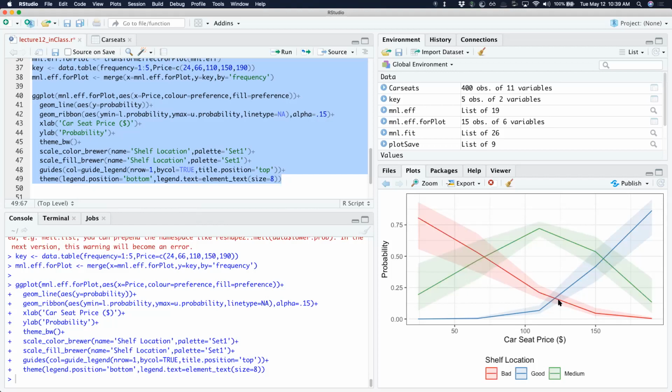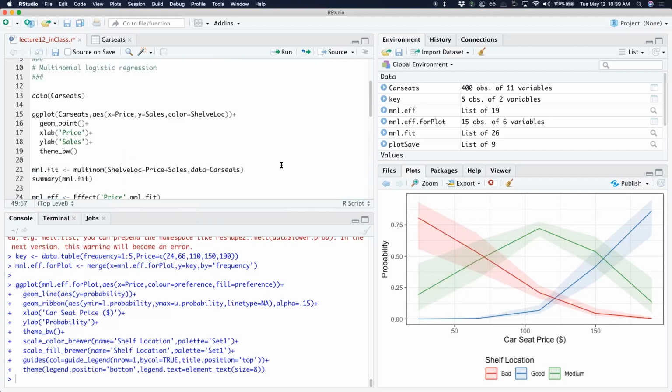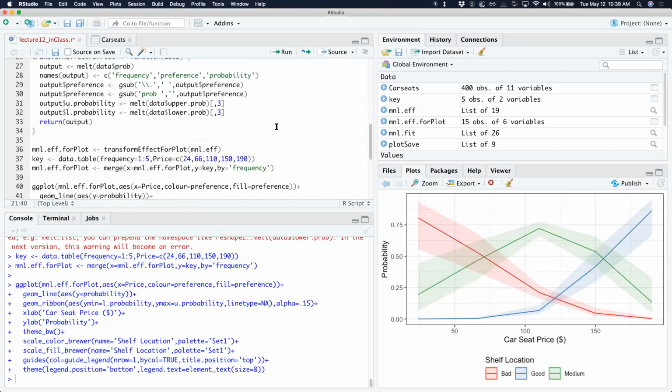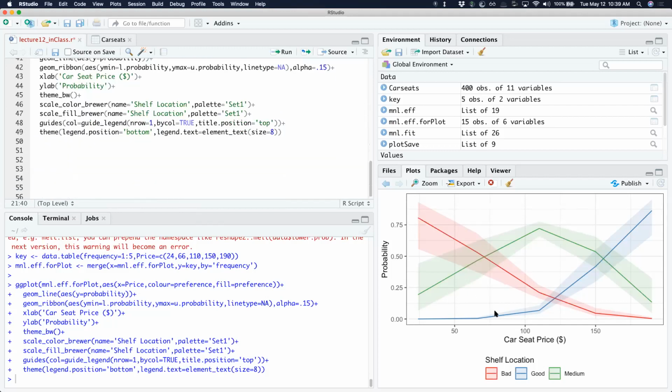Do note that this particular model is actually varying across two variables, right? We have both price and the number of sales. So in this particular case, the sales are being held constant.